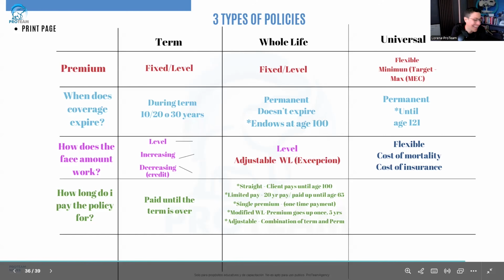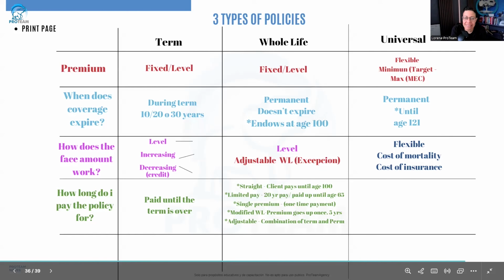Straight life means the client is going to pay until age 100. Remember, this policy endows at 100. If you choose the straight life policy, you pay up until you're 100 years old, and then it endows.